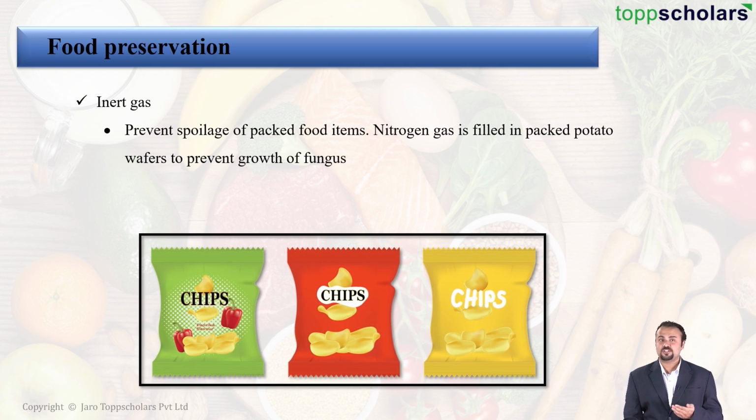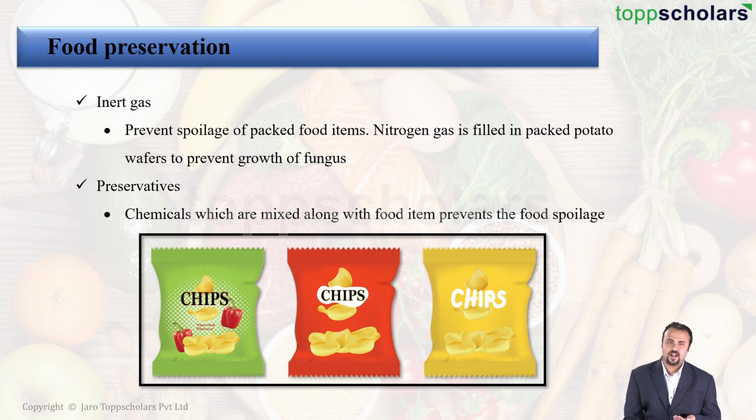Students, we all enjoy eating packed wafers and chips. But it may surprise you that these chips have been added into a pack having nitrogen gas. Students, the nitrogen gas keeps the food items very fresh, and it also prevents the growth of various types of fungi. Also, certain chemical preservatives are added which increases the shelf life of food and prevents their spoilage.